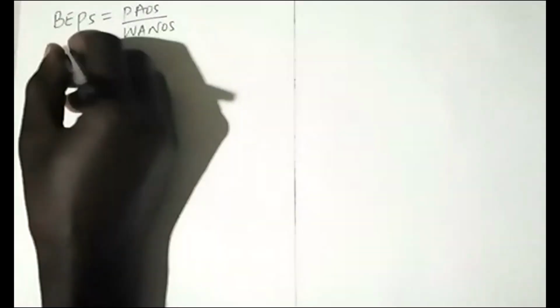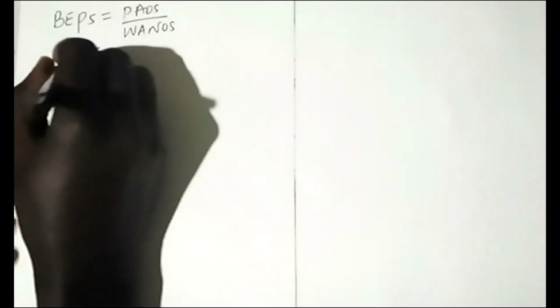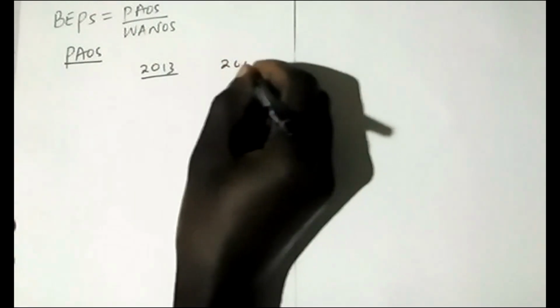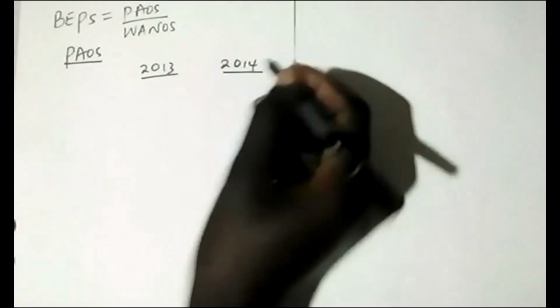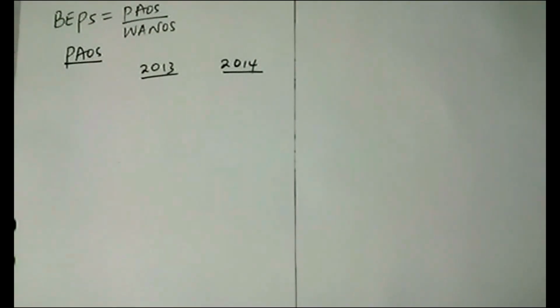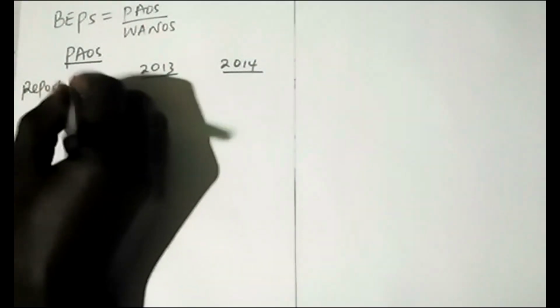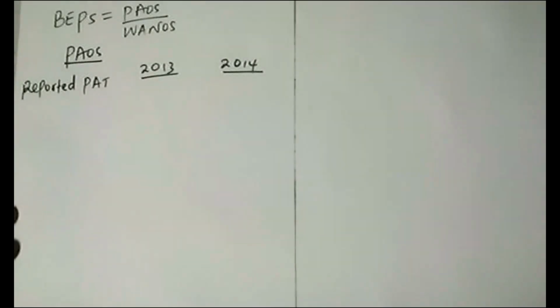So to start with the profit attributable to ordinary shareholders, remember for this question it is 2013 and 2014. We start from reported profit after tax. For basic earnings per share, we use the profit from both continuing and discontinued operations, so even if they give you 2 separate profits, you have to get the total.